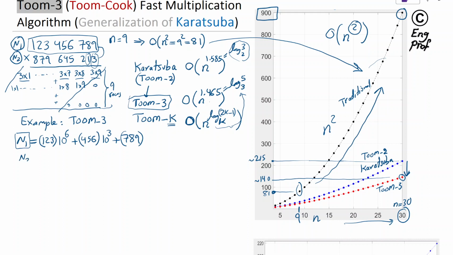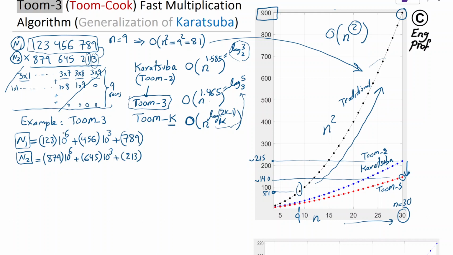For n2, I am going to write it in exactly the same style: 879 times 10 to the power 6, 645 times 10 to the power 3, 213.